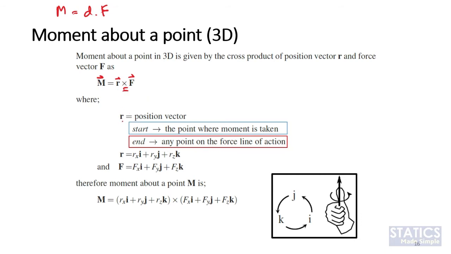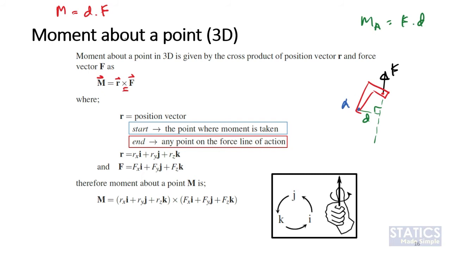What's the difference between r and our D previously? In the case of 2D, let's say I draw our rigid body again. Let's say this is our force, and we want to find the moment at this point here, point A. So the moment at A will be equal to force times D. D is our shortest distance, or perpendicular distance, from the line of force to the point of moment.